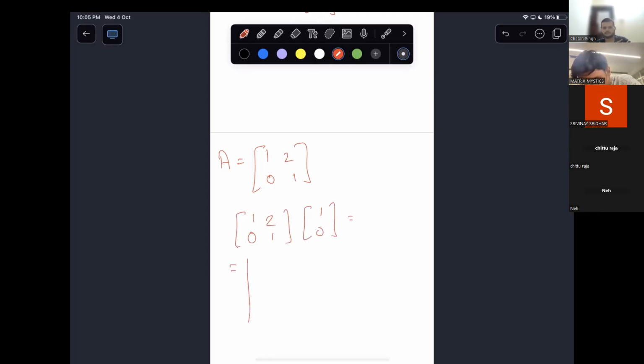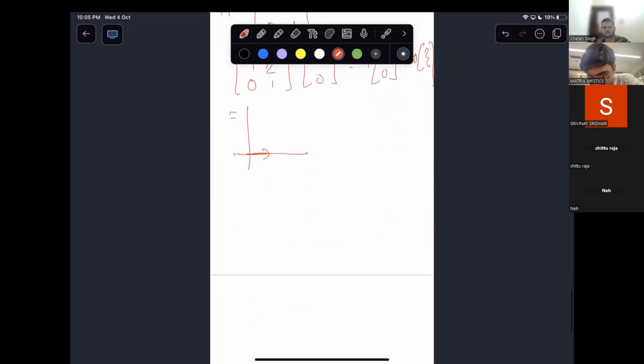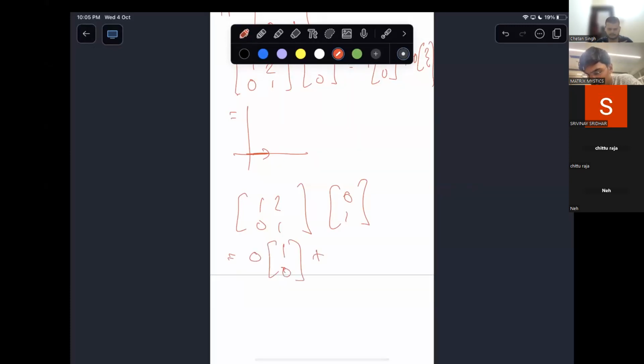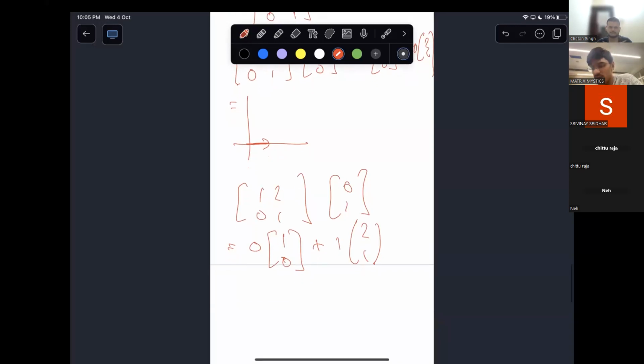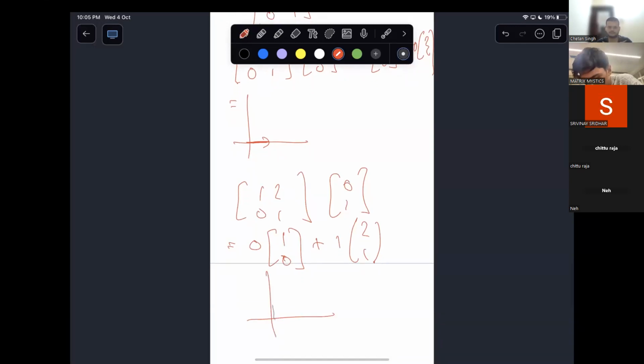Yeah, so I'll just straight away draw this. 1 times 1, 0, that's 0 times whatever. So i cap remains i cap, and 1, 0, 2, 1 times 0, 1 takes 0 times 1, 0 plus 1 times 2, 1. So that means j cap is going to 2 i cap plus j cap, right?